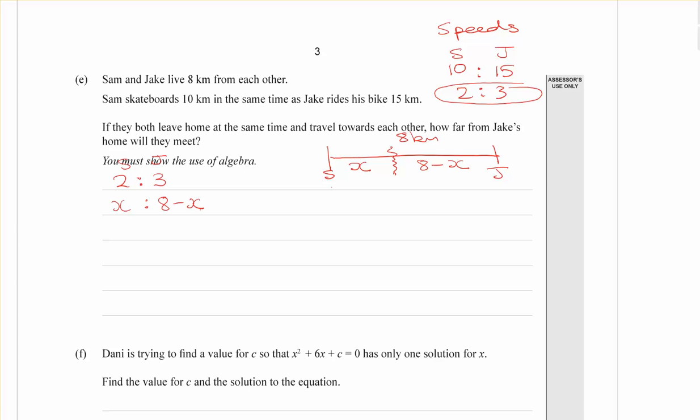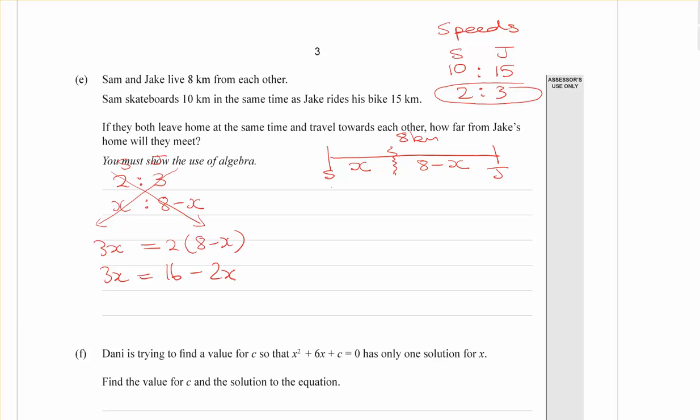Now what you need to know about that is, I'm not sure how you work out your ratios, but it's really helpful to know that multiplying on the diagonal gives equal answers. So 3 times x is 3x, which should be exactly the same as 2 times 8 minus x, and there's my equation that I can solve using some algebra.